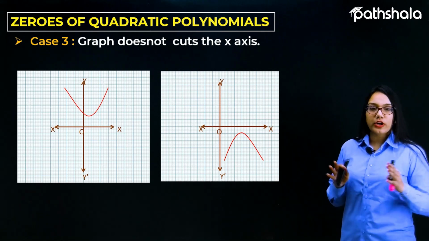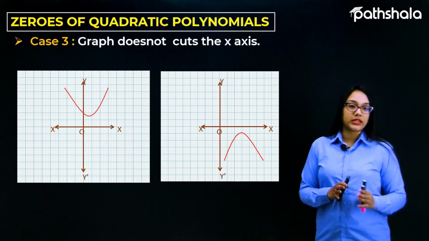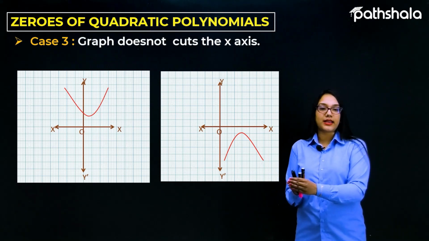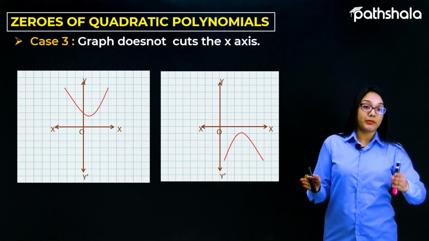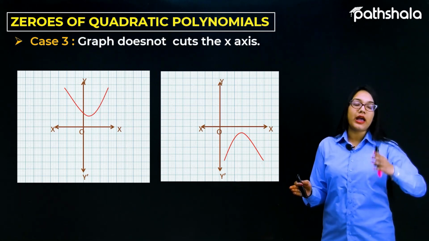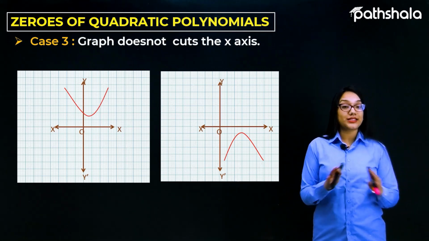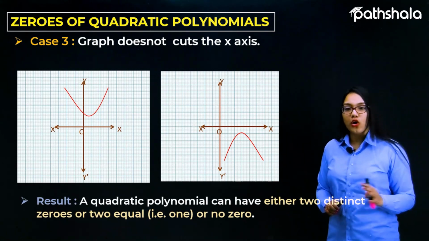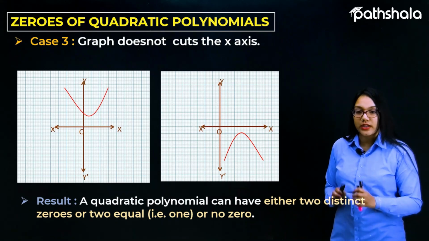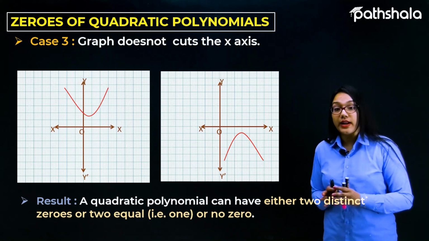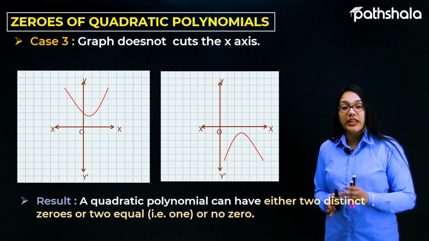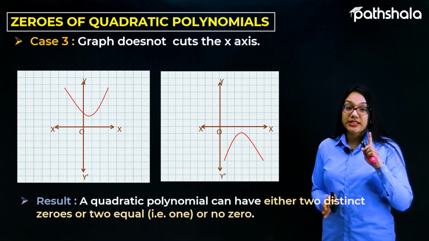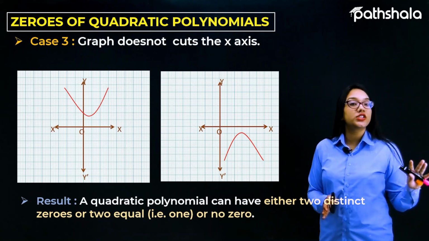So in case of a quadratic polynomial, always remember there are three cases: the curve may cut the x-axis at 2 points, it may cut the x-axis at 1 point, or it may cut the x-axis at no point. From all of these, we can conclude that a quadratic polynomial can have either two distinct zeros, or two equal zeros, that is 1 zero, or no zero at all.